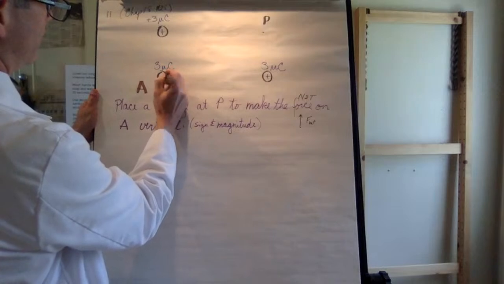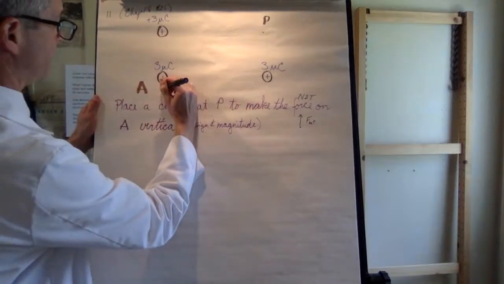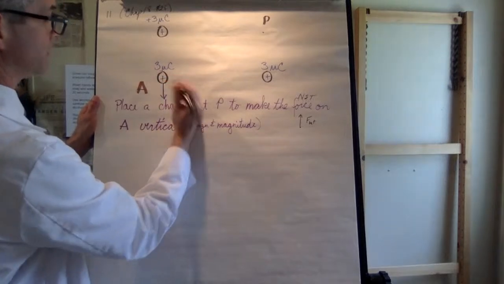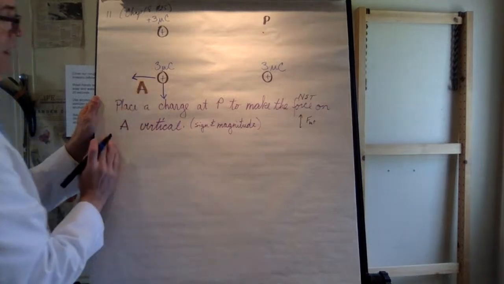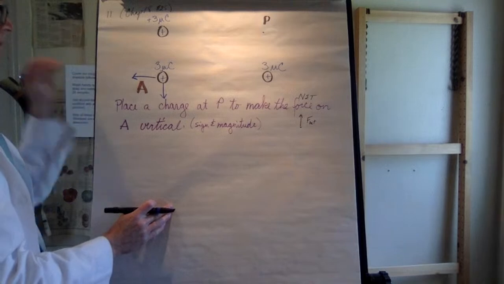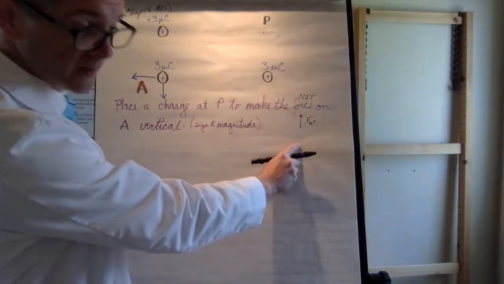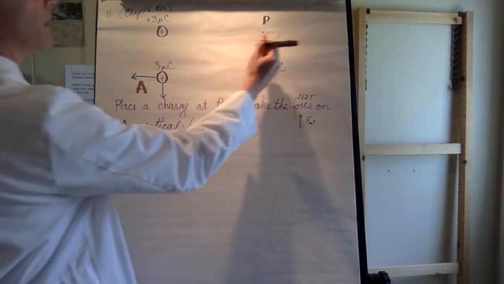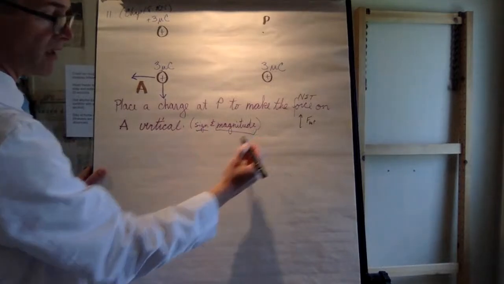I'm just going to draw my forces on my little dot here. So that is repelling. That is repelling. So I need it to end up this way, just in the vertical, there's no magnitude here. So let's do this in this order. Let's figure out what sign we need, and then we'll figure out the magnitude.